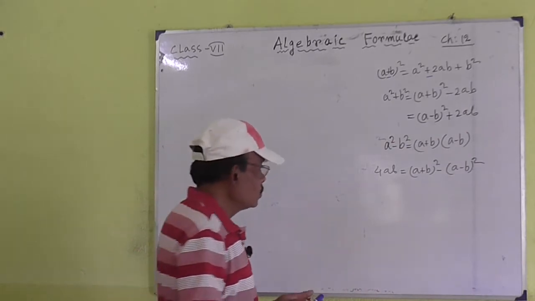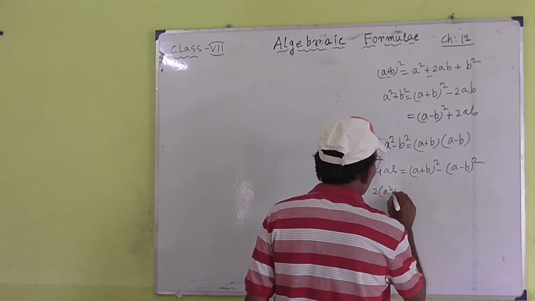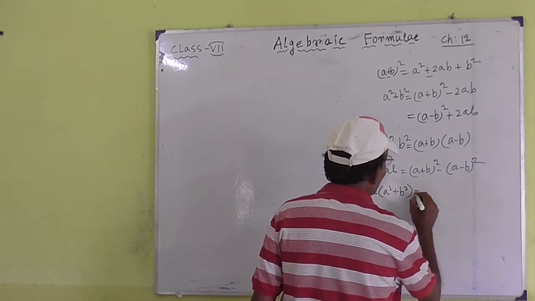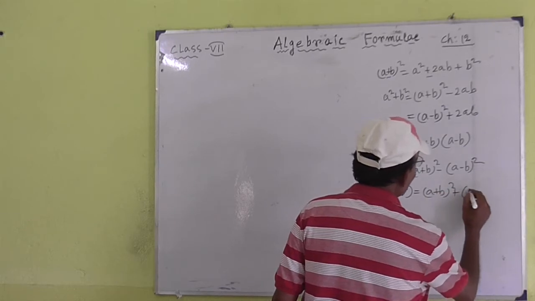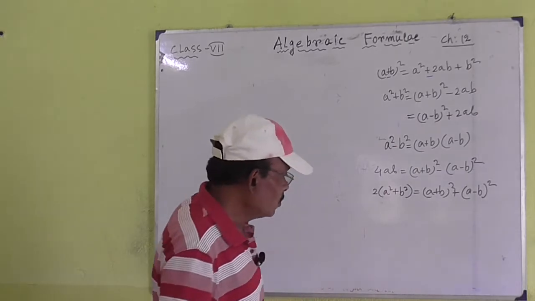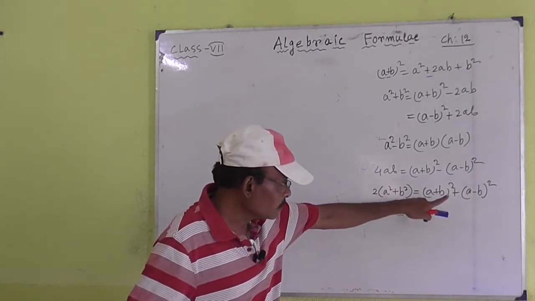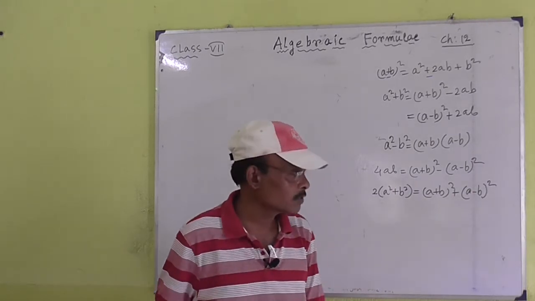Now, 2 into a square plus b square equal to a plus b whole square plus a minus b whole square. Look at this: a square plus 2ab plus b square plus a square minus 2ab plus b square.